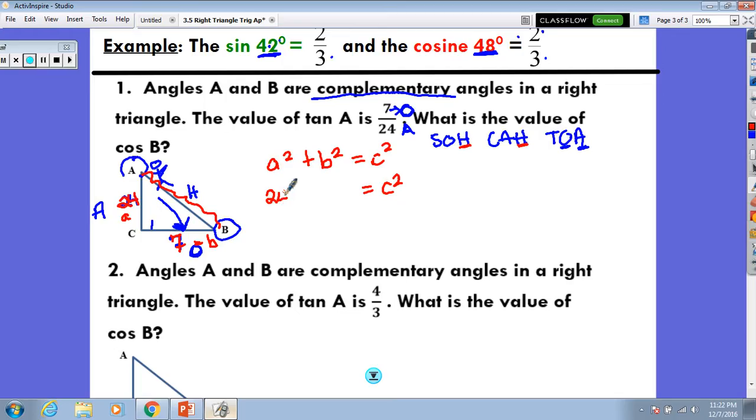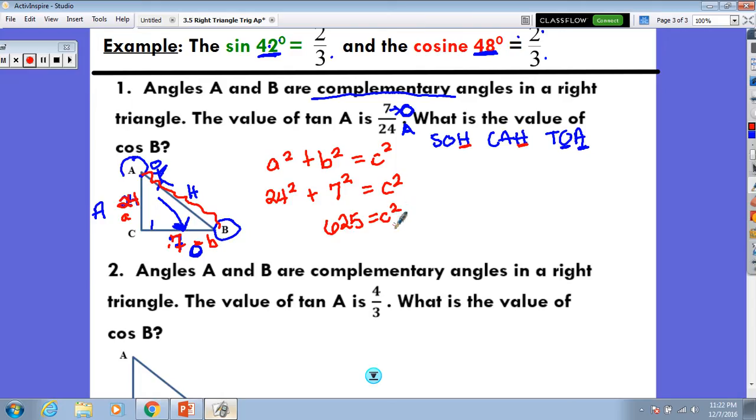So 24 squared plus B, which is 7 squared. When we finish, remember, you have to take the square root and we get our answer. So 24 squared, I'm putting this in my calculator. 24, and then I hit the x squared button on my calculator, plus 7 squared gives me 625.